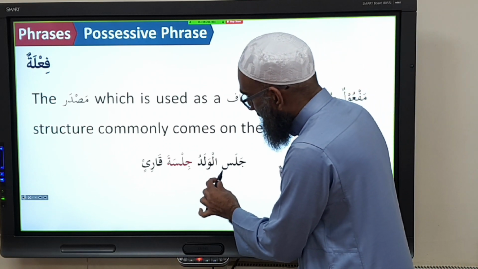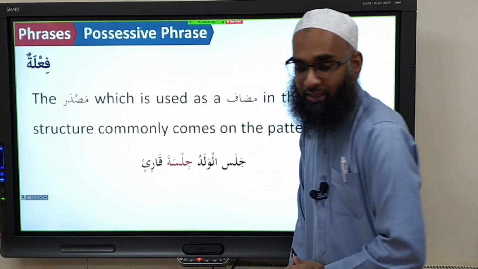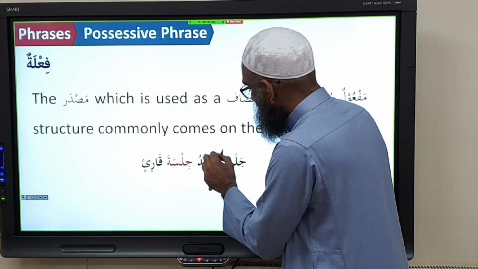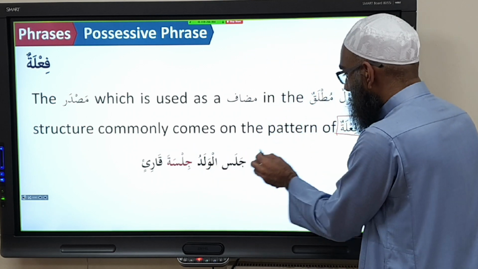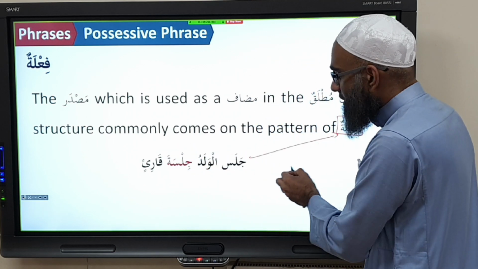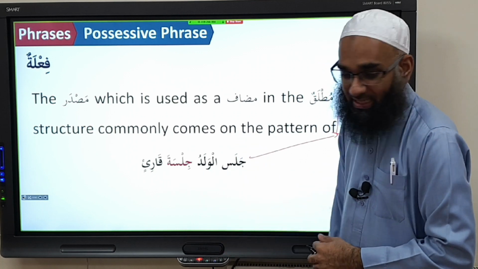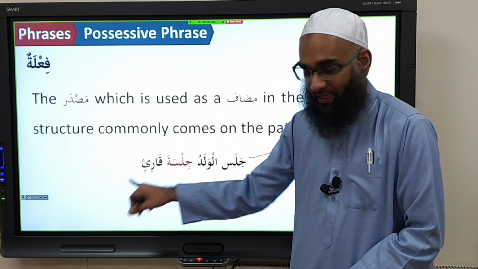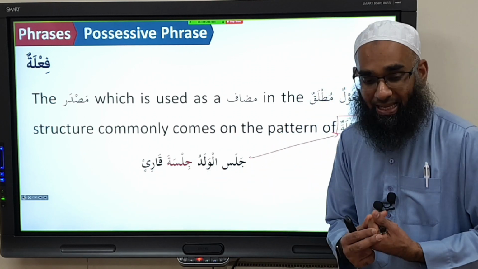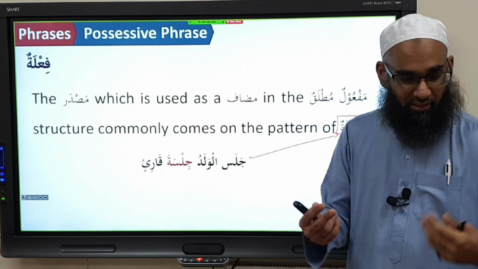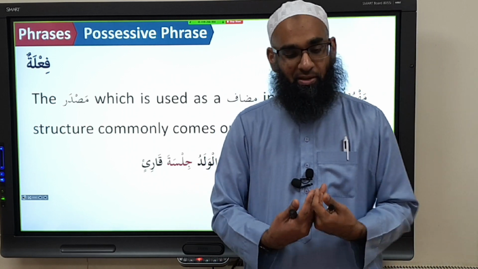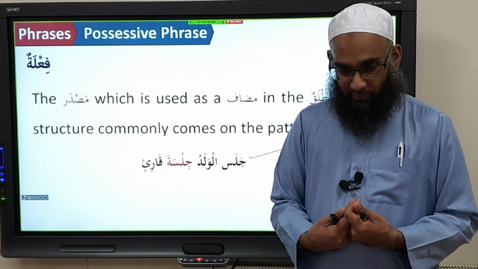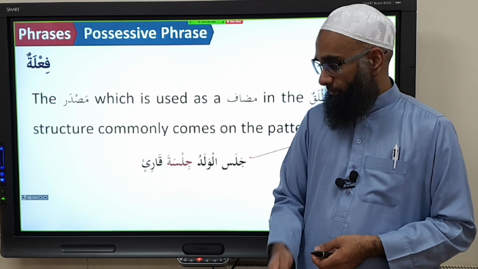So for example, jalasa al-waladu jilsata qari'in. The boy sat like a qari, a reciter, however they sit, their particular way of sitting. So the boy sat like a qari.